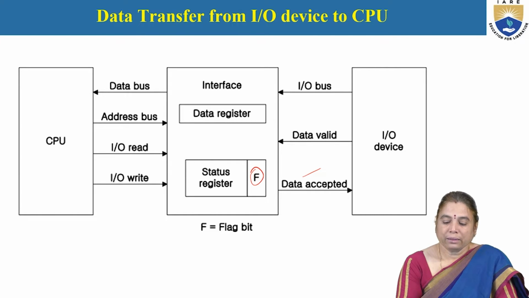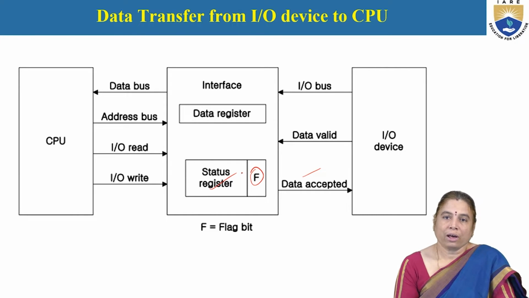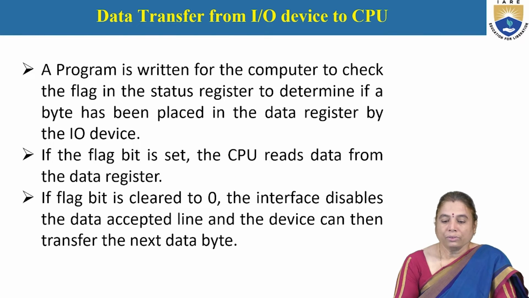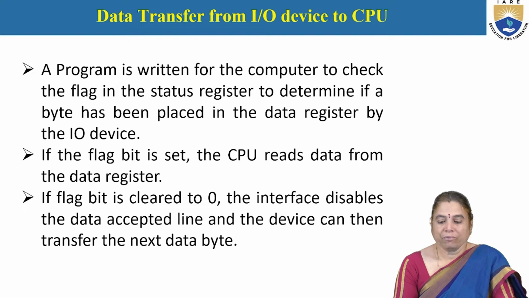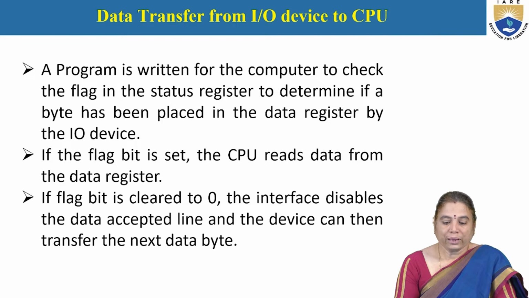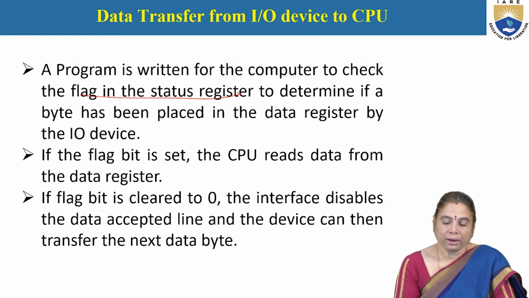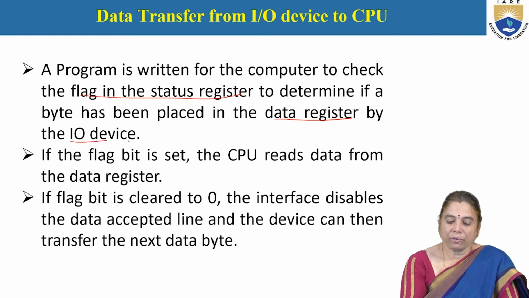So in this way, the status register flag is useful to check whether data is ready in the data register or not. A program is written for a computer to check the flag of the status register to determine if a byte has been placed in the data register by the IO device.